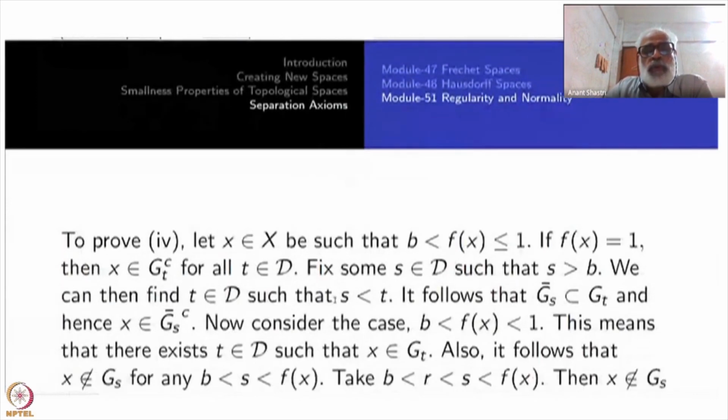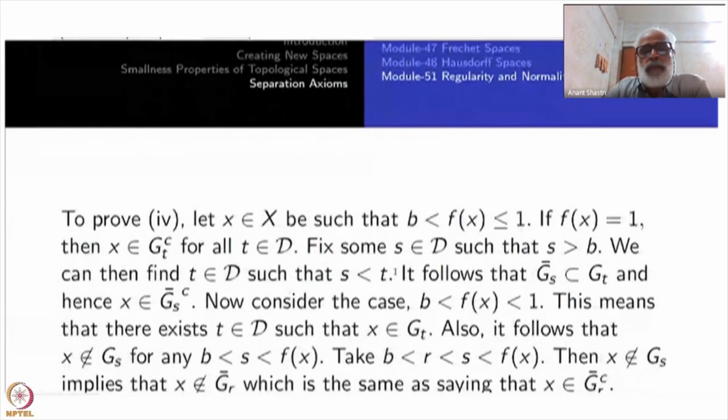To prove 4, let us take x such that b is less than f(x) less than or equal to 1. If f(x) is 1, then remember when it is 1, it is inside G_t complement for all t belonging to D. No G_t will contain it.